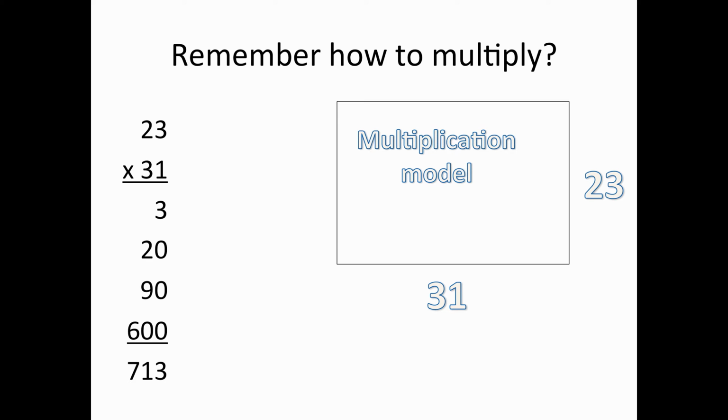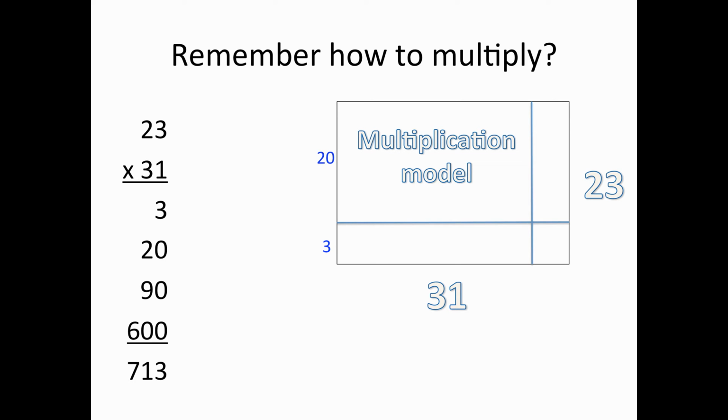Now, multiplying numbers can be modeled using a rectangle and finding the area of a rectangle. So let's use an area model, as you see here, to multiply 23 times 31. Now we can break the rectangle up into 4 sections.